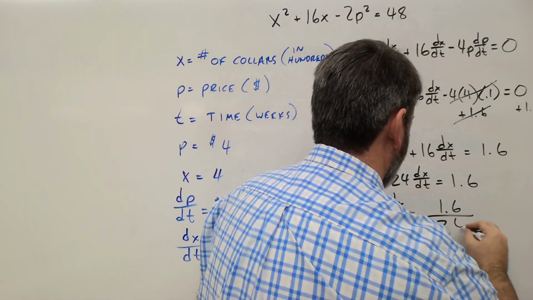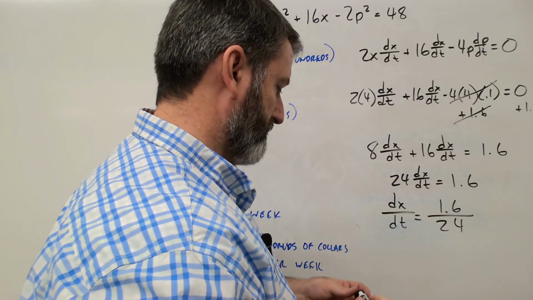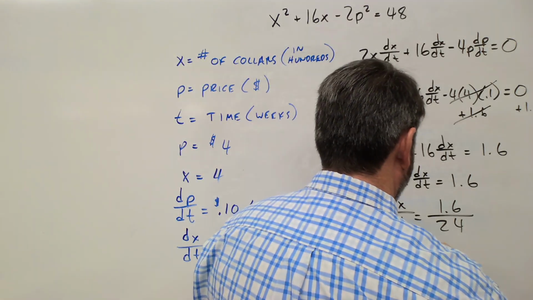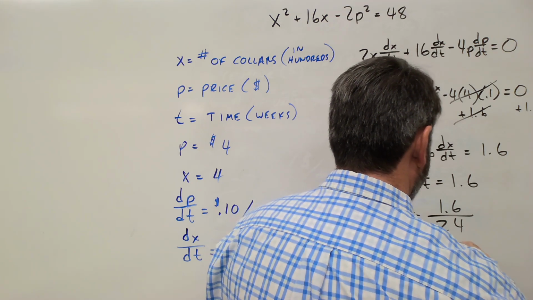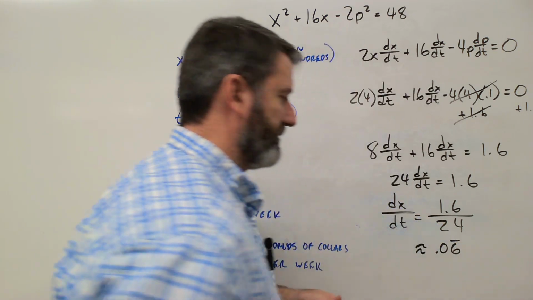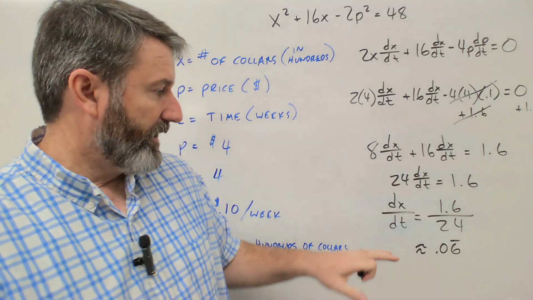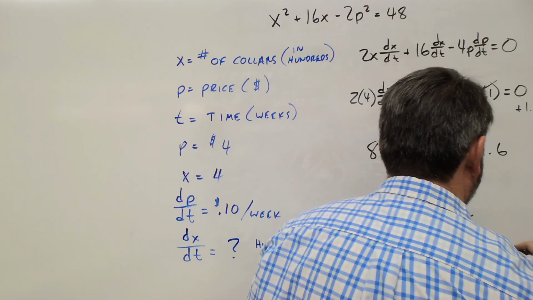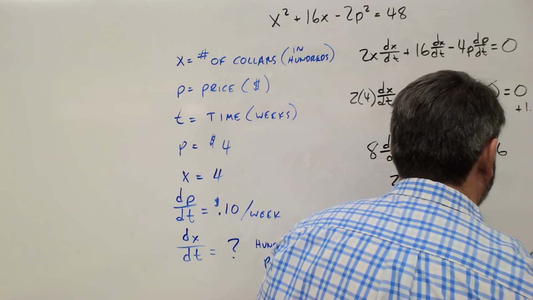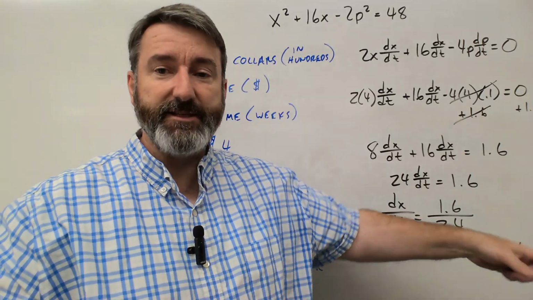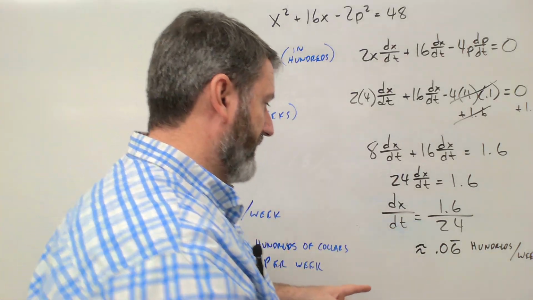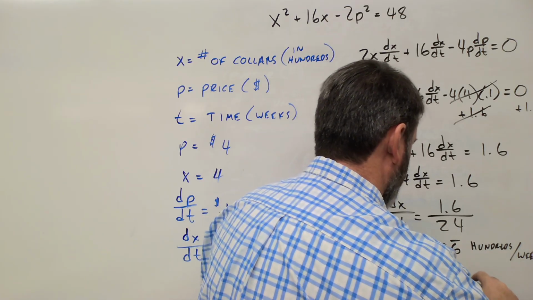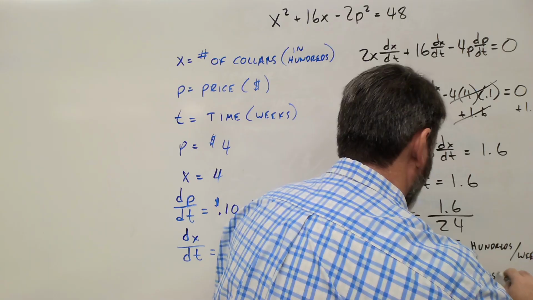And so the rate of change in our supply with respect to time is equal to 1.6 divided by 24, which is exactly 0.0666 repeating, but remember, this is in hundreds per week. So what that means in terms of just collars per week, we multiply this by 100, so this is about 6.7 collars per week.